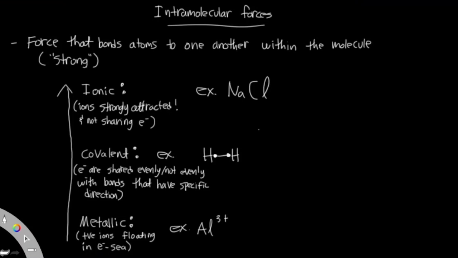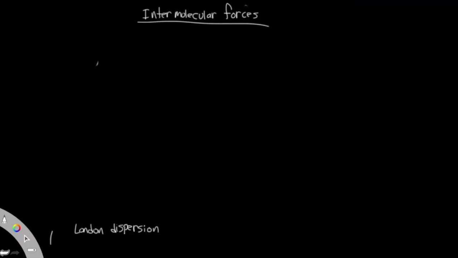Now let's have a look at some intermolecular forces. We'll start from the bottom down here with London dispersion. And like the previous example, we'll increase on our way up. So let's start with London dispersion.